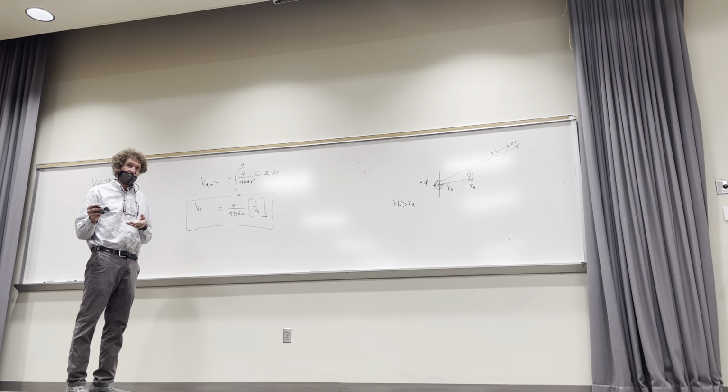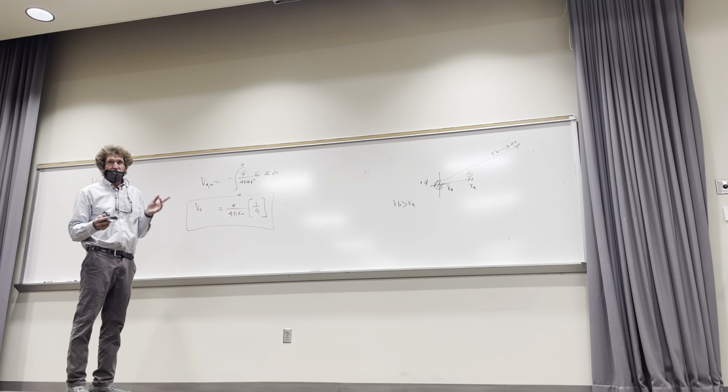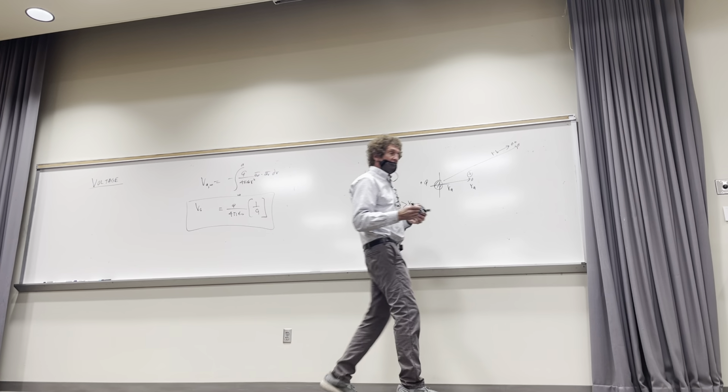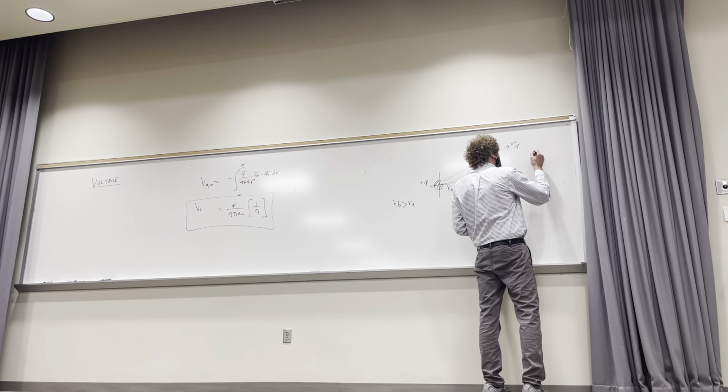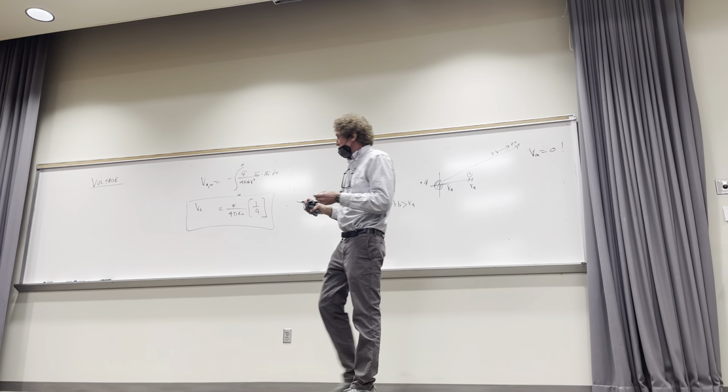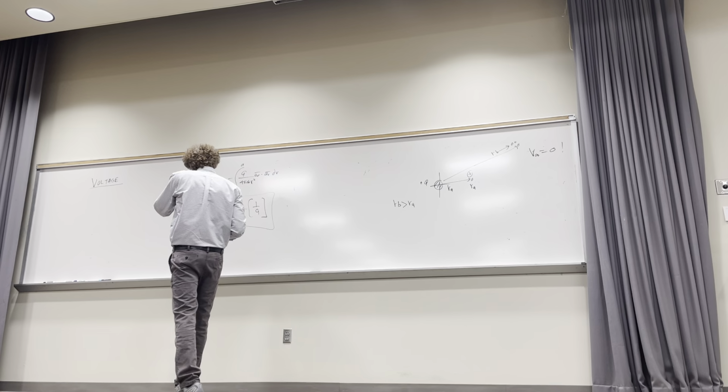It doesn't matter if it's circuits or in general, and really the universe, there has to be some 0 reference. And when I have RB going to infinity here, I'm saying voltage at infinity equals 0. That's what I'm really doing. That's where it's 0. And that means VA is this.